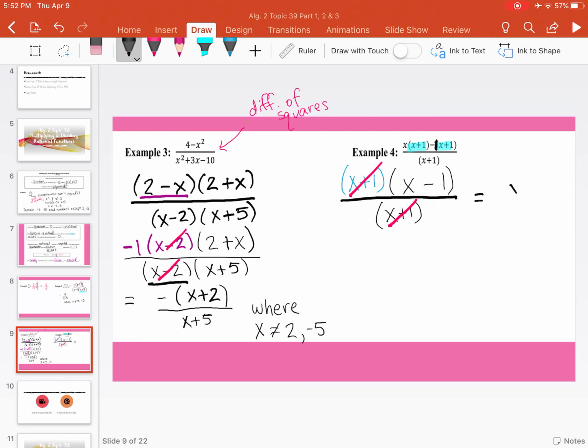So we'll end up with just x minus 1, where x can't equal negative 1, because that was in our denominator. Oh my goodness. Denominator there. So that is our restriction on the domain. And that is part 1.